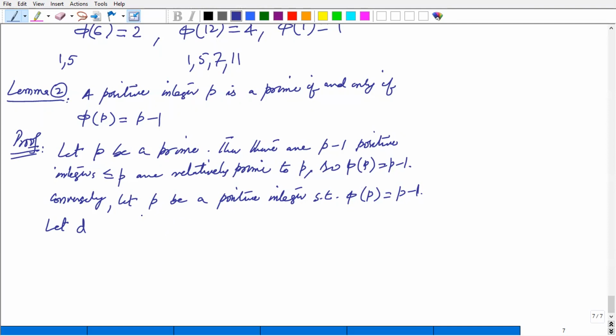If it is a composite, then some number between 1 and p minus 1 can divide p. So let d divide p, where d is greater than 1 and less than p. So it means p is not prime.